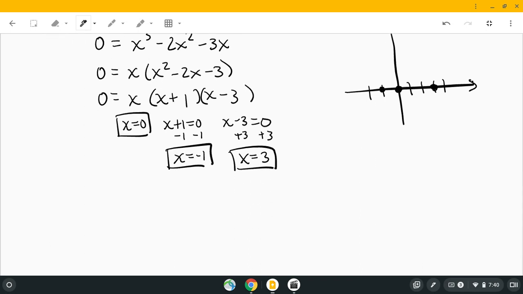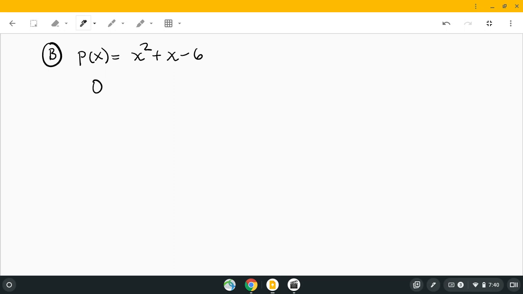Okay, let's take a look at this next one. Suppose that you have this polynomial, x squared plus x minus 6. Okay, so we're going to let y be 0. This one's kind of an easy one. This is just a quadratic trinomial.